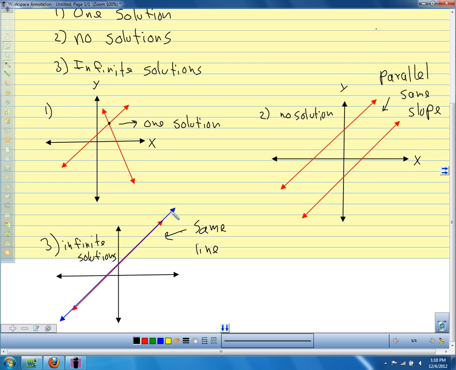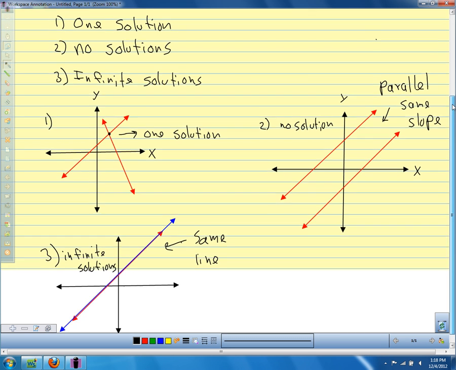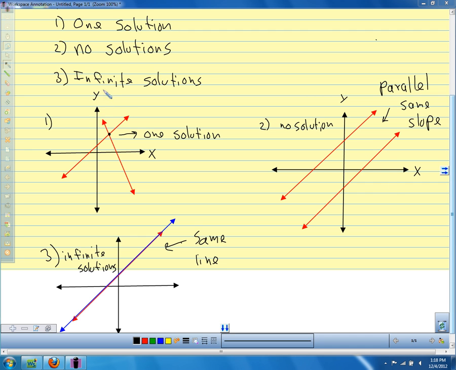If we simplified our system of equations, we could simplify them so the two equations looked exactly the same. So this is what our three cases for our possibilities of solutions look like. When we have one solution, we're looking where our lines cross in exactly one place. When we end up with no solutions, 0 equals 120 like we did before, we have parallel lines, they have the same slope. And if we have infinite solutions, we have the same line.